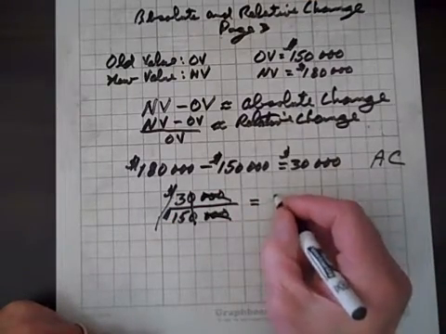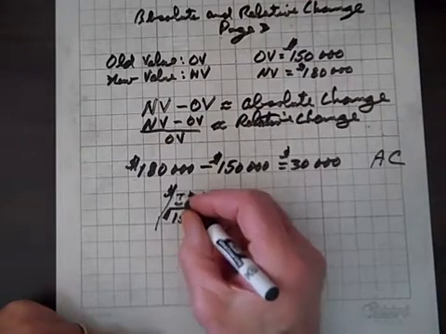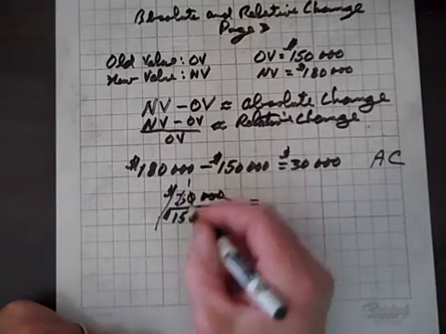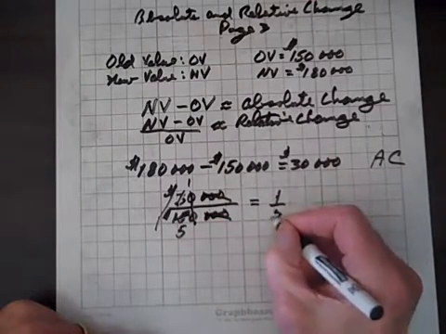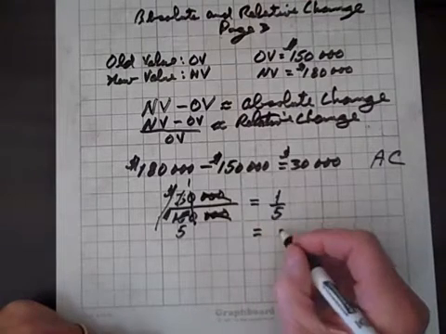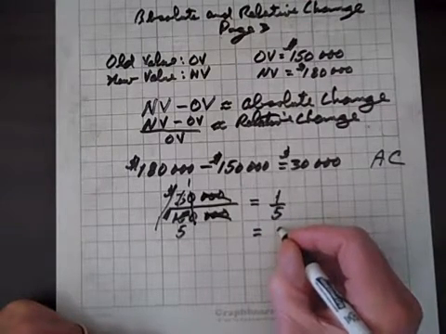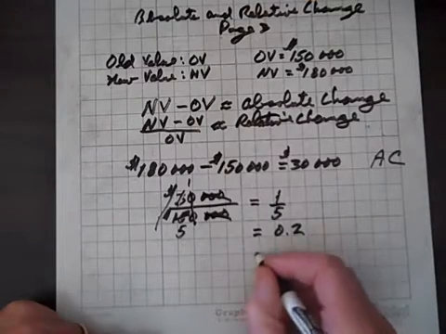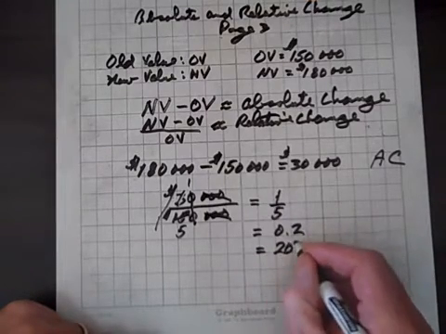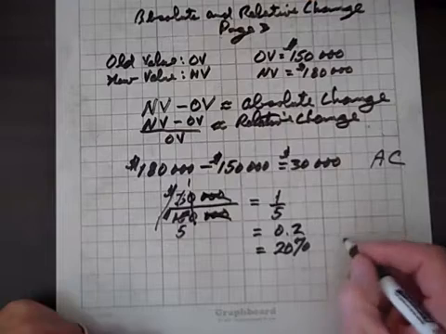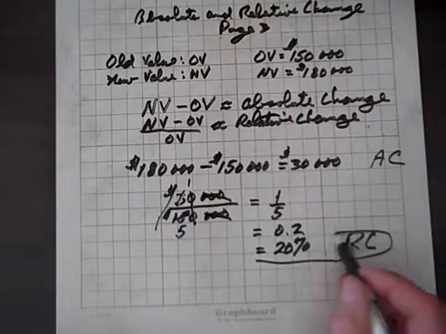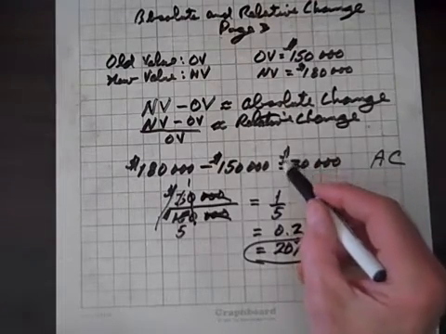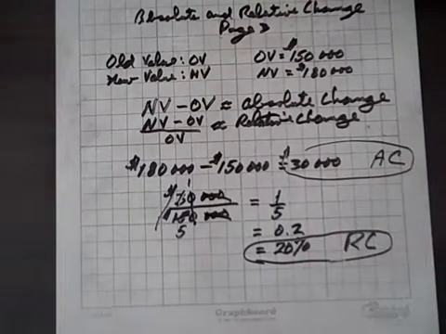This reduces to 3 goes into 3 once and into 15 5 times. So that's 1/5, and when we turn that into a percent, that corresponds to 0.2 or 20%, and that's the relative change. So we have a relative change and we have an absolute change. The relative change is always a percentage.